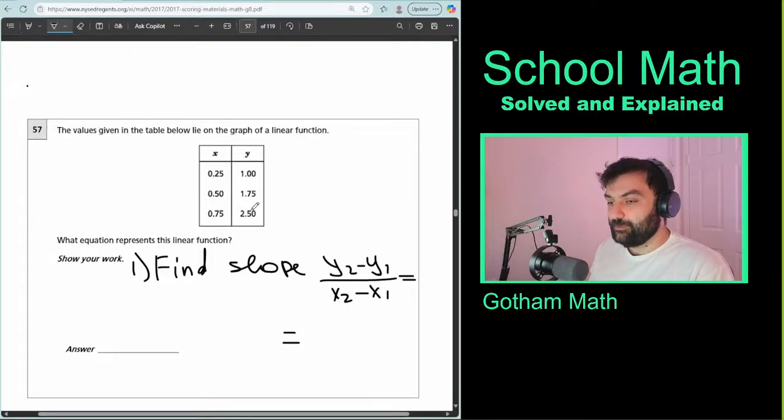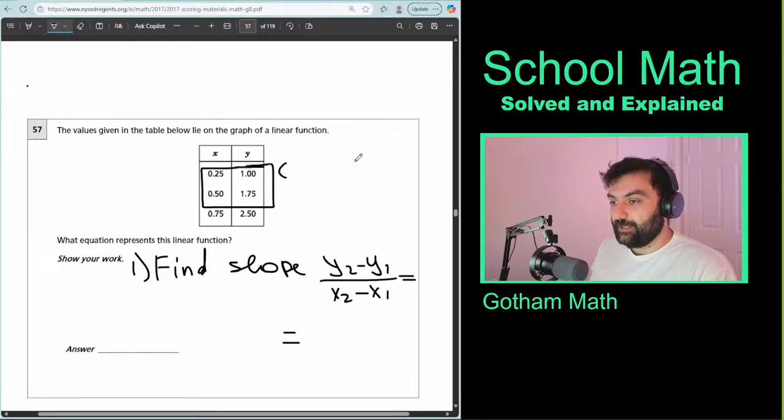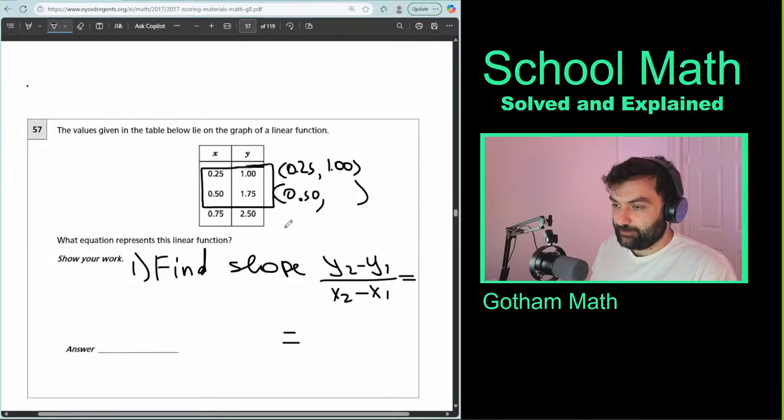Which ones can you use? Any. Let's say just pick a pair, like this. You can write them down like this if you want. It's going to be extra writing, but there's a lower chance that you will make a mistake.